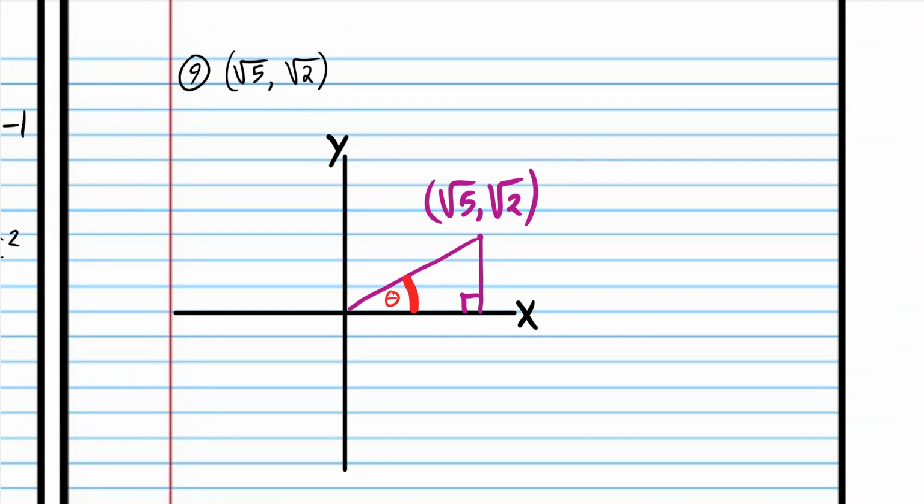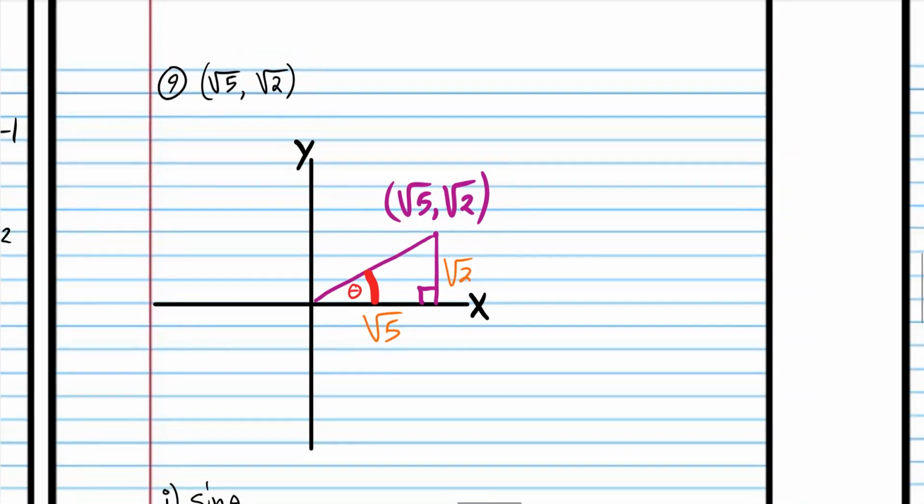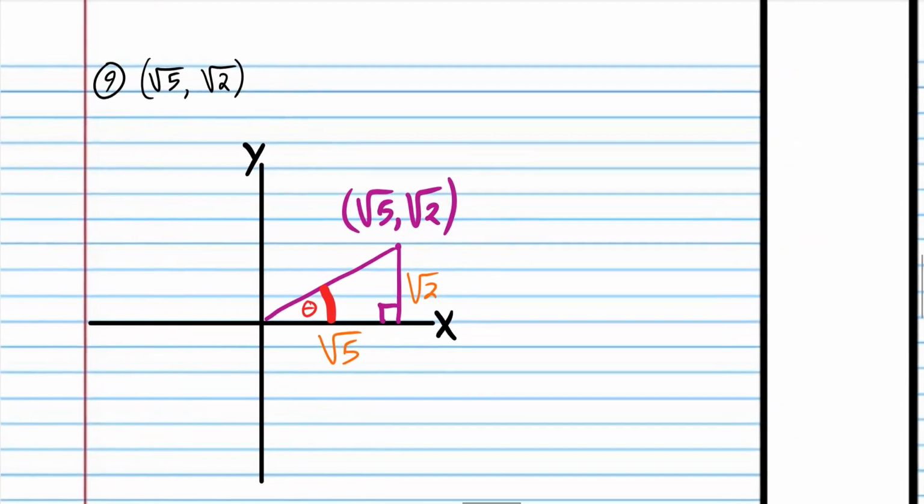And this side is root 5, and this side is root 2. So all we need to do really is just use the Pythagorean Theorem to find that missing side. You can see these problems are really not that difficult. They just look very difficult.